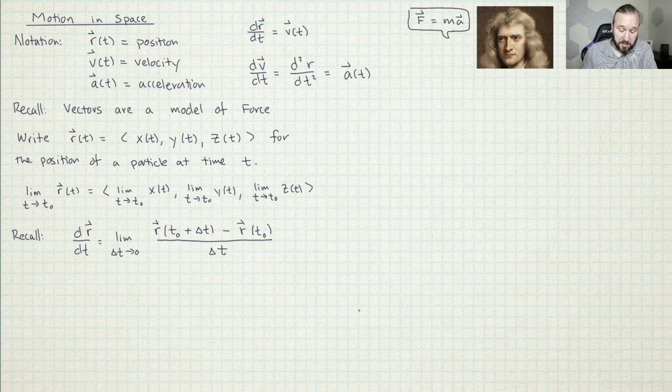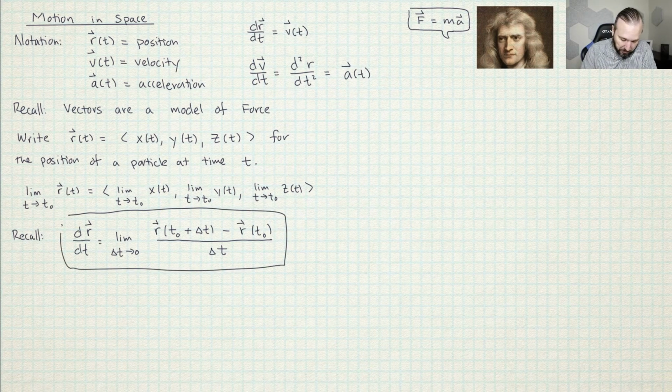And likewise, because integrals are defined in terms of limits, then we're just going to integrate all of the coordinates. I put here the definition of the derivative. It probably is important that you remember these specific symbols, and I'm going to take a minute now to go over what the graphical interpretation of this is.